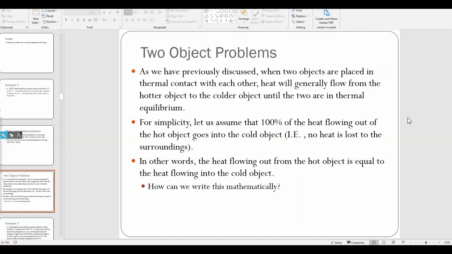We're going to make the assumption, for simplicity, that 100% of the heat flowing out of the hot object is going to go into the cold object. In other words, we're going to ignore for these two object problems the possibility of heat being lost to the surroundings or lost elsewhere.